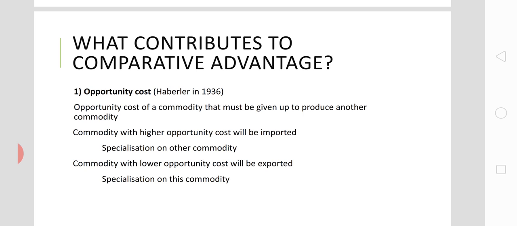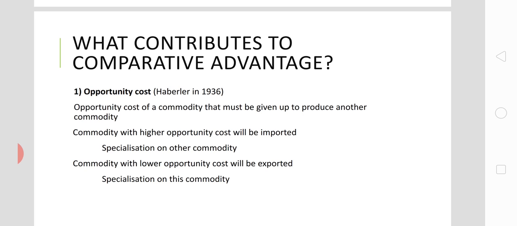So whenever the opportunity cost is higher on a commodity, that commodity will be imported. That means the specialization by the nation will be on another commodity. If the opportunity cost is lower on a commodity, then that commodity will be exported. So the nation will specialize in the production of that commodity, and the nation will export that commodity.